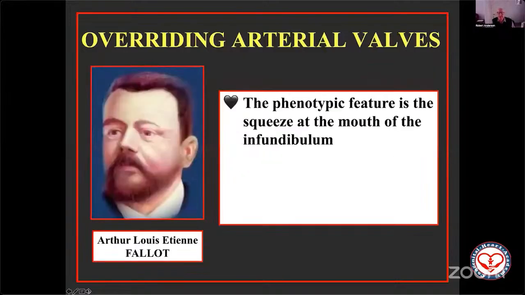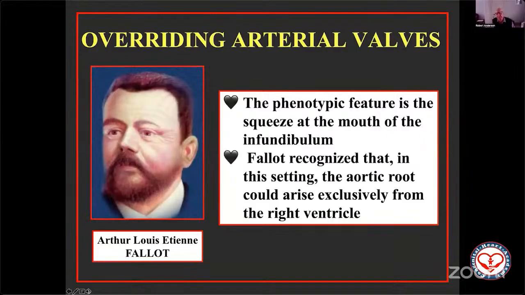So let's start off with looking at a lesion that we remember in the name of Arthur-Louis-Étienne Fallot. I hope that by now you all know the phenotypic feature of the tetralogy described by Fallot and now named for him is the squeeze we see at the mouth of the subpulmonary infundibulum.